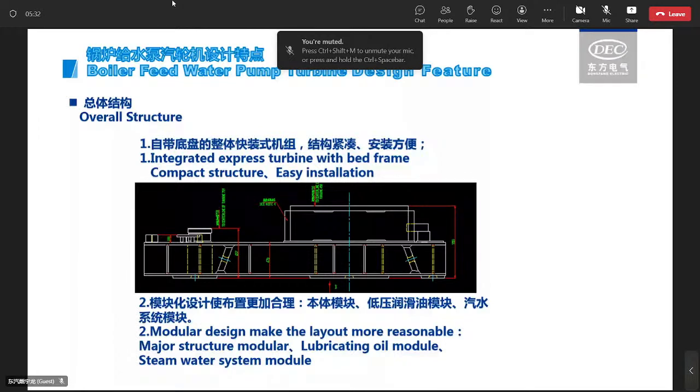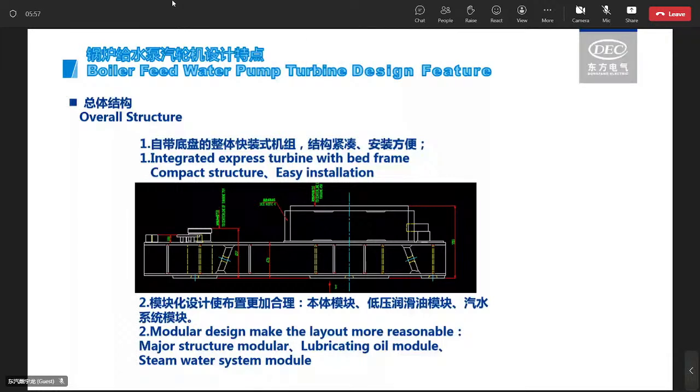The boiler feed water pump turbine in this project is a turbine with an integrated bed frame, and it can be installed quickly. It has a compact structure and easy installation.